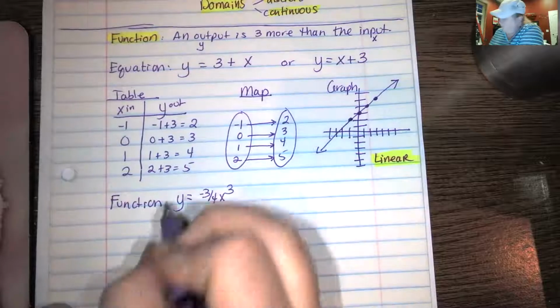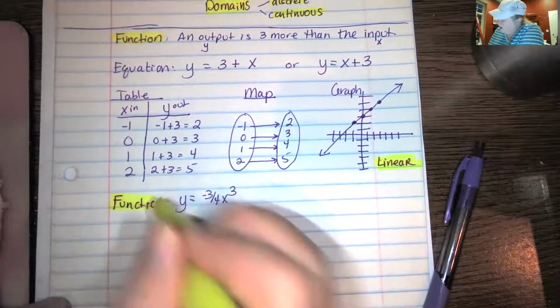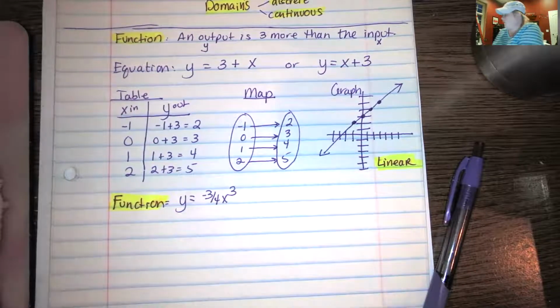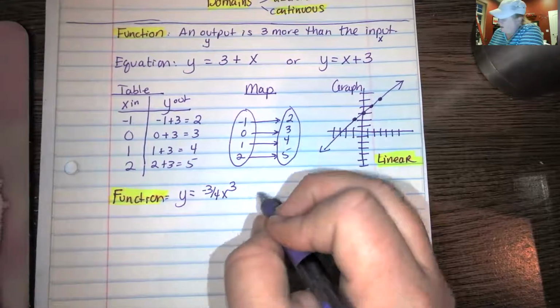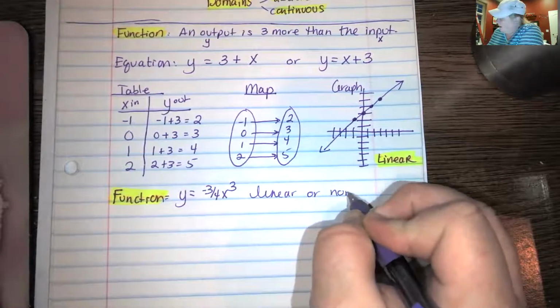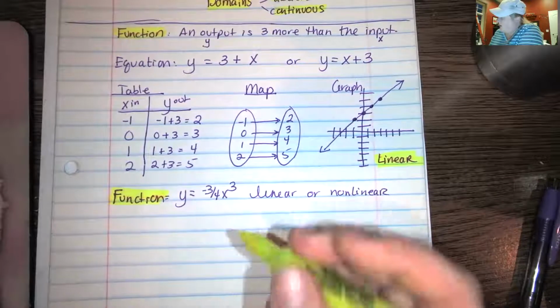Whoa. So I just wrote the equation for you. This is -3/4 of x cubed. So is this linear or non-linear? And then we're going to go ahead, we're going to graph it too.